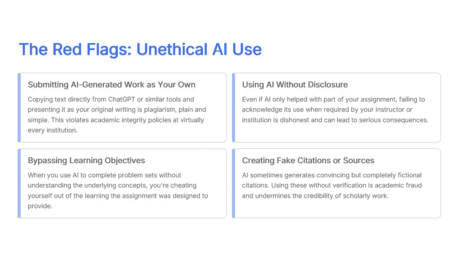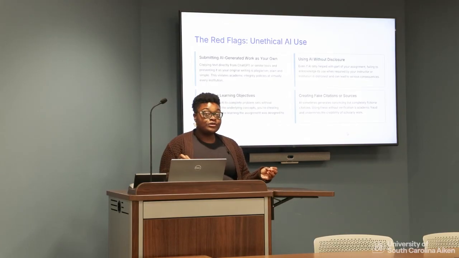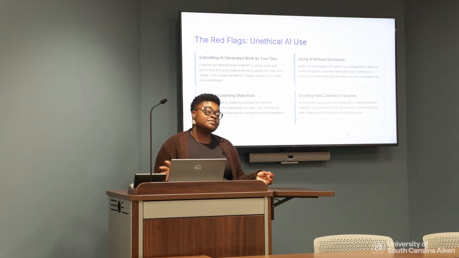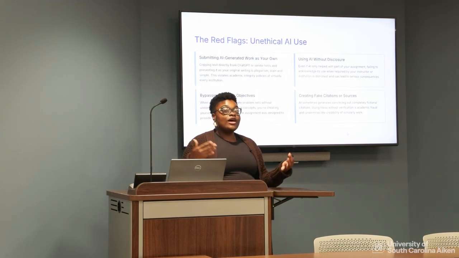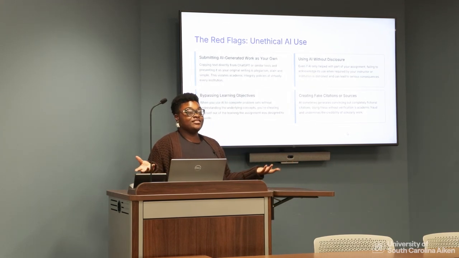And then creating fake citations and sources. Sometimes AI generates very convincing but completely fictitious citations. AI will hallucinate, okay, especially an open type system like ChatGPT. We have all seen fake news.